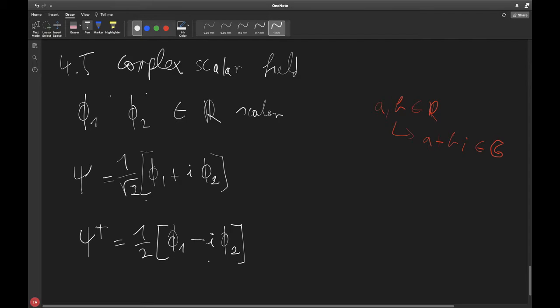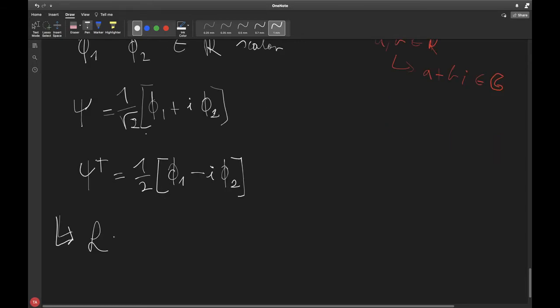So this leads to a new Lagrangian with these new variables. The new Lagrangian that we get out of this is going to be that we take the derivative of psi dagger, and we multiply that with the derivative of psi. Earlier we just had the derivative of phi squared, but that really meant the derivative of phi times the derivative of phi.